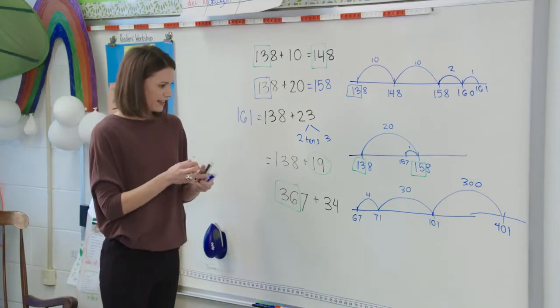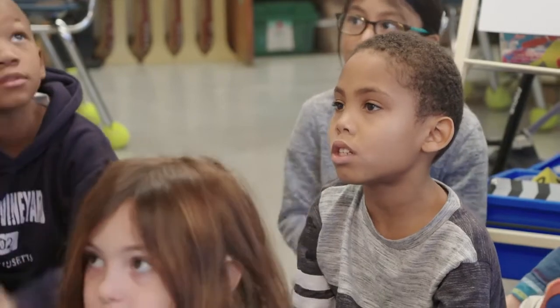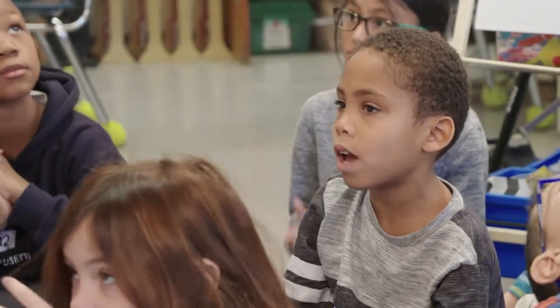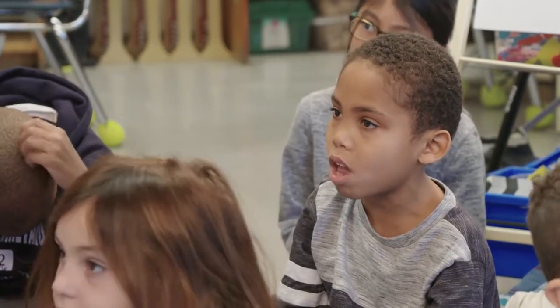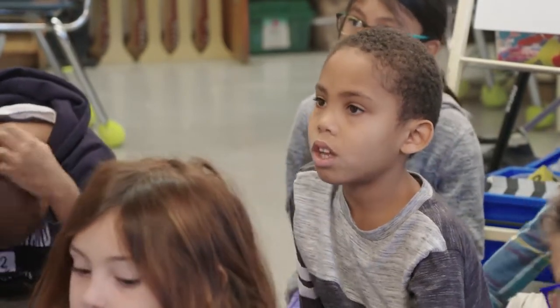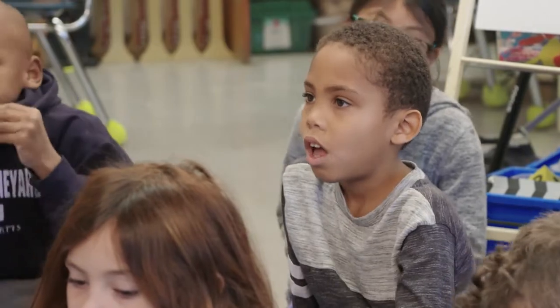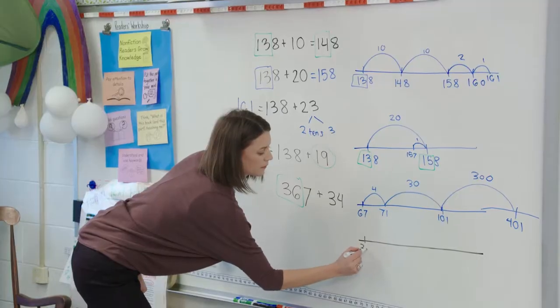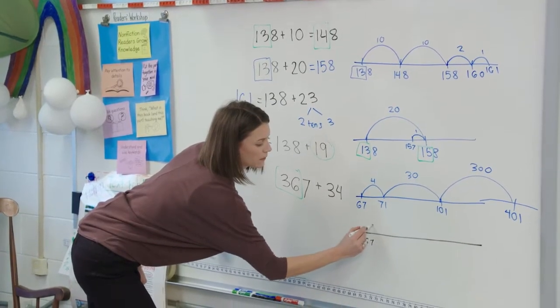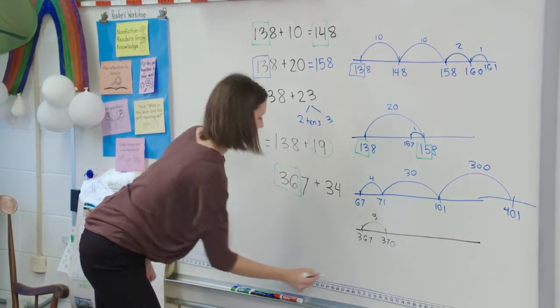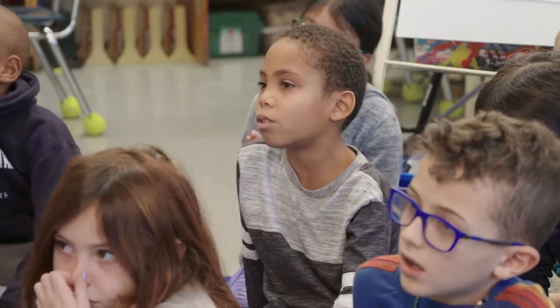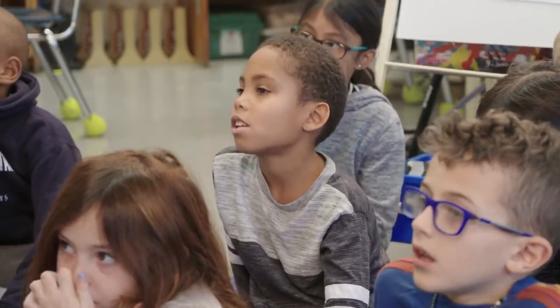So I did 367, and then instead of adding 4, I added 3 to get me to 370. Then I was like, 370 plus 30 is easy. 400, and 400 plus 1 is even easier, 401.